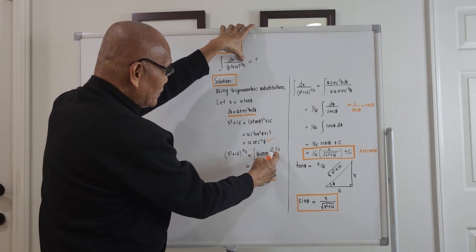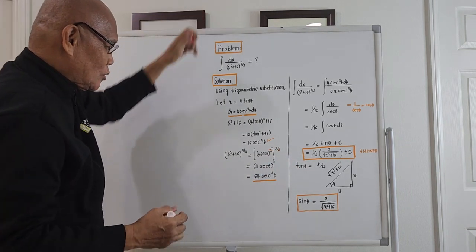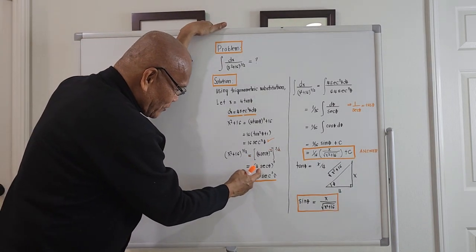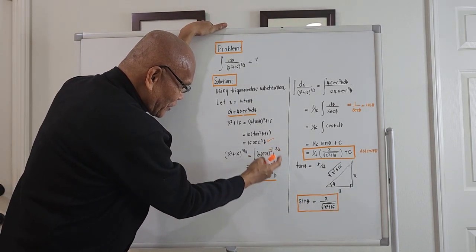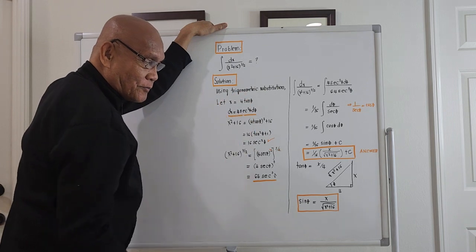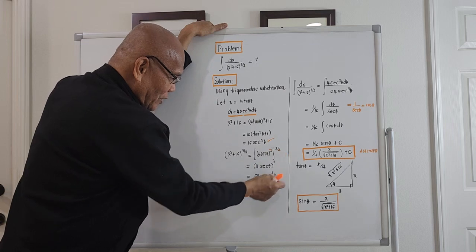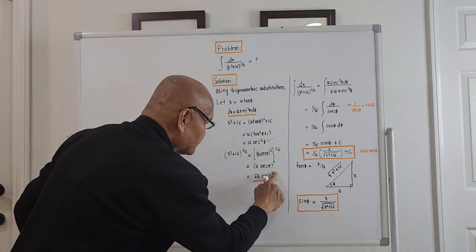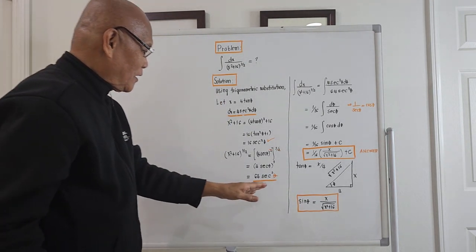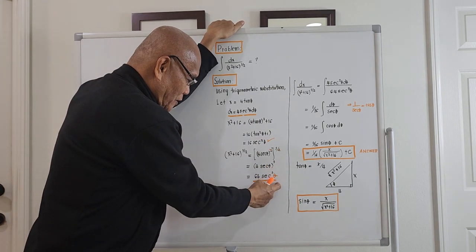So the two here cancel with the 3 halves, and the remaining power will be 3, so 4 secant of theta is raised to the third power. 4 raised to the third power is 64, 4 times 4 times 4, and secant of theta to the third power is secant cube of theta.